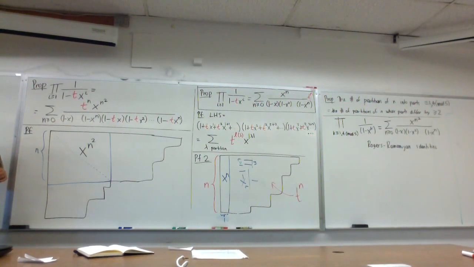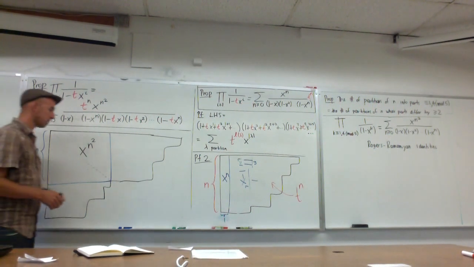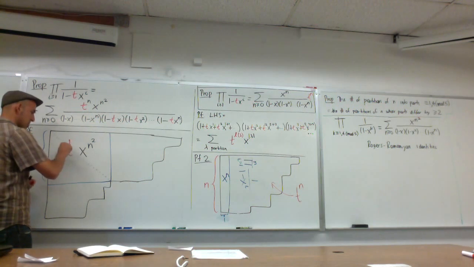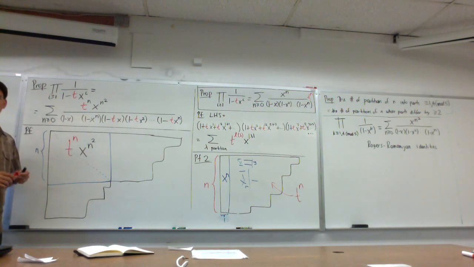How about in the number of parts category? How many parts does this contribute? This thing is forcing me to have at least n parts.